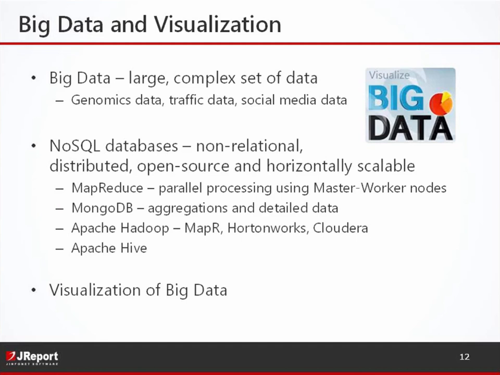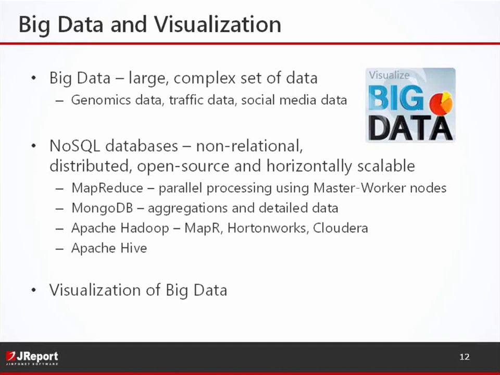A typical algorithm used in these non-relational databases is MapReduce, which is a parallel processing algorithm which can take a process and split it into sub-processes. Then the worker node can split the sub-processes into more sub-processes and so on. It is a very common type of parallel processing algorithm found in NoSQL databases.